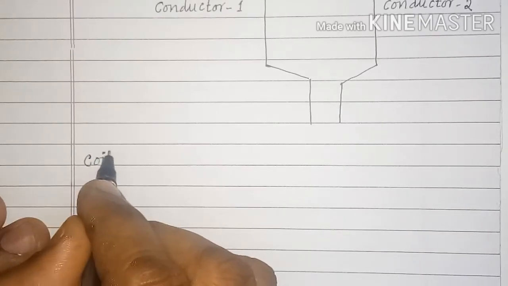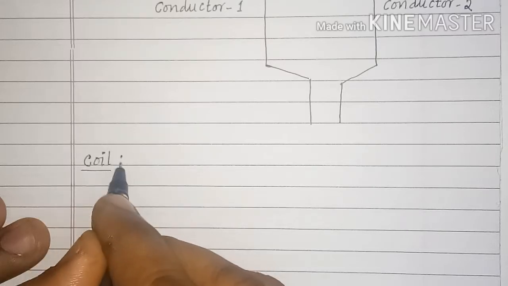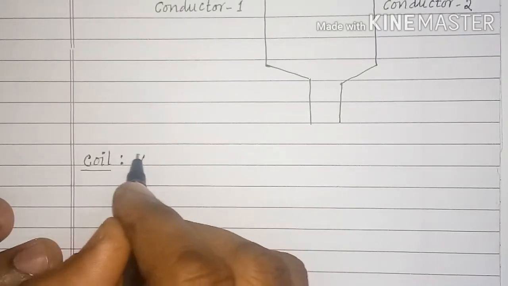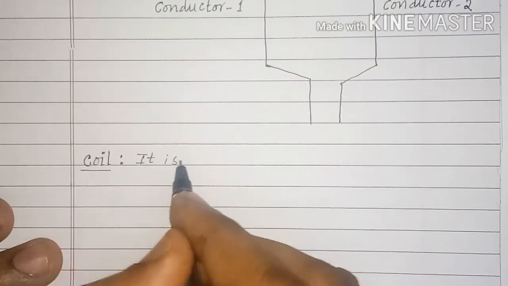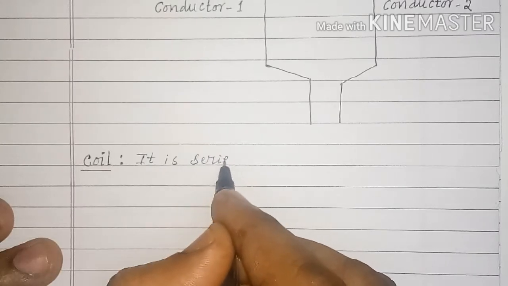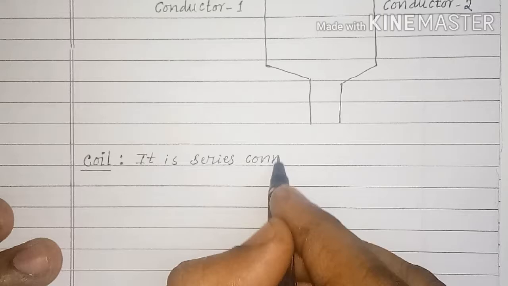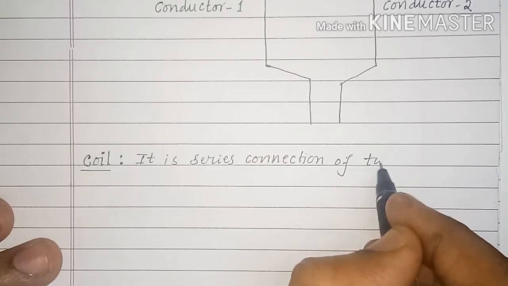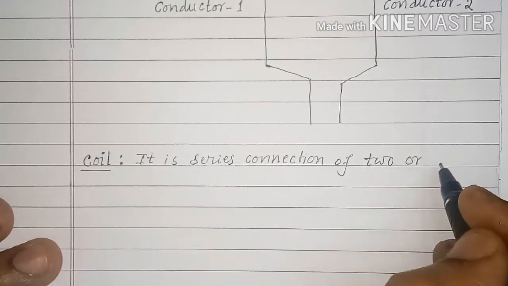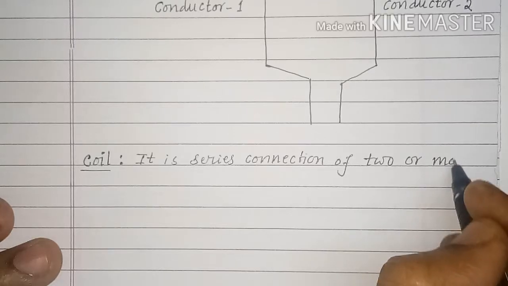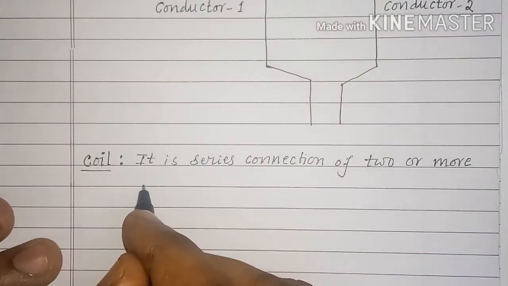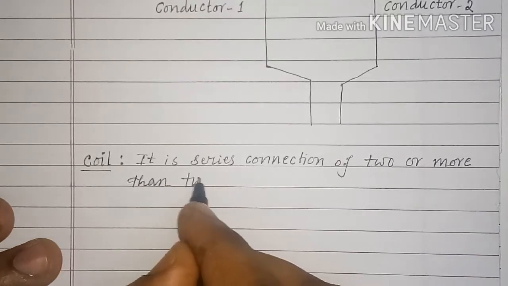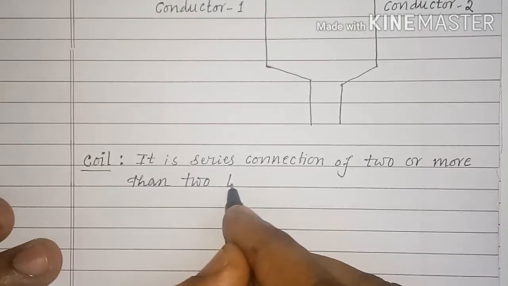Next, we will define what is coil. It is series connection of two or more than two turns.